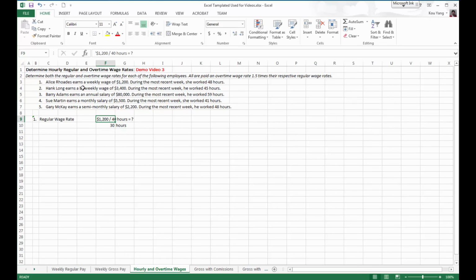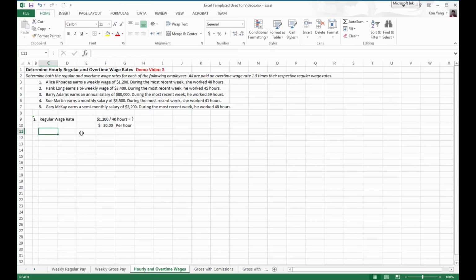So basically we know that she earns a weekly wage of $1,200. During that week, she worked 48 hours, and overtime hours are paid 1.5 times the regular wage rate. So we're going to find her per hour wage rate by taking her regular weekly wage of $1,200 divided by 40 hours, which is $30 per hour.